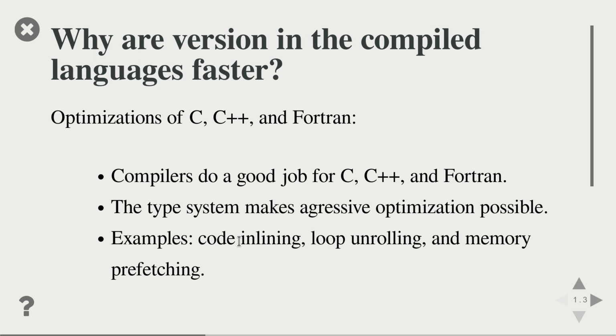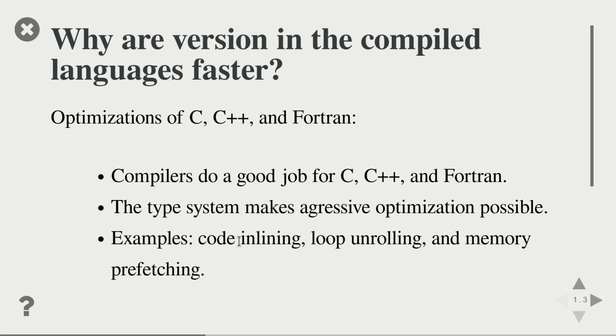Just some examples that C and C++ would do. Code inlining, which means that if you have code that calls a very simple function, then it would actually take the function content and copy it into the code instead of constantly calling a function, which creates some overhead. Loop unrolling means that if you have a loop that only loops over 3 indices, then it's sometimes faster to duplicate the code 3 times instead of running a loop, right?